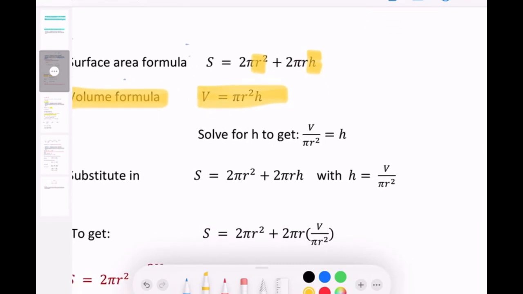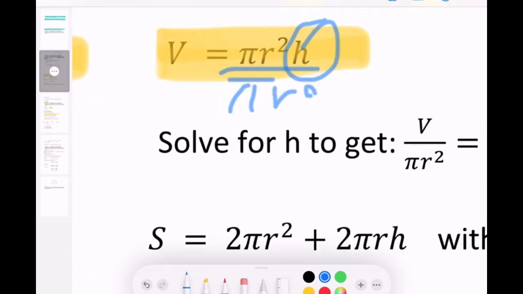And then I solve for h, because I want to eliminate. It's like solving a system of equations by elimination. It's exactly the same, if you remember. So I'm going to find this h by dividing both sides by pi r squared, and you get your h.